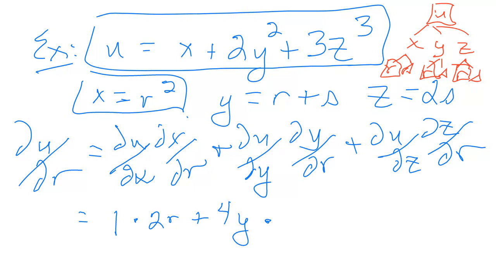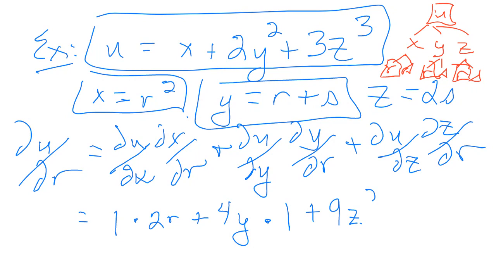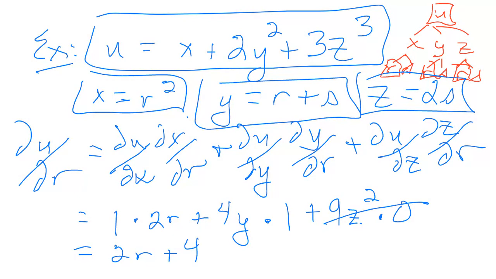And then partial of y with respect to r is 1. And then lastly, partial of u with respect to z. The first two terms up here are constants, so that'd be plus 9z squared. And then times partial of z with respect to r would be 0 in this case. Okay, so that goes away. So really it's just 2r plus 4y.